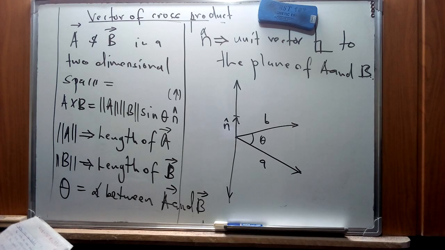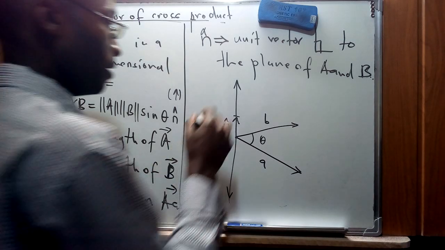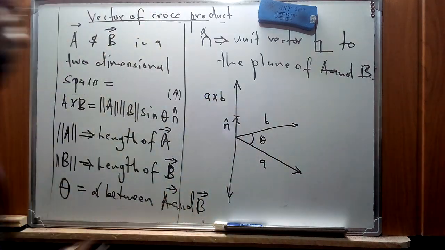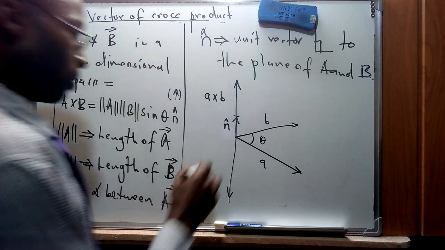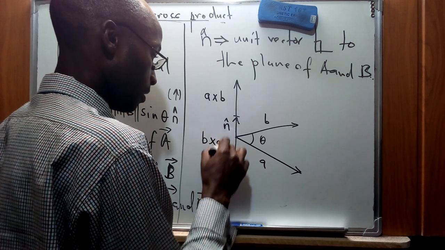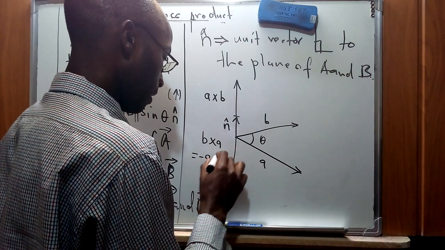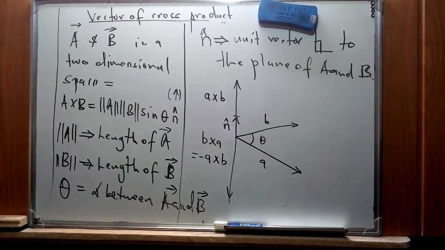So therefore, the cross product of vector a and b in the positive direction is going to be represented as a cross b. But now that I've also indicated the opposite direction, this one can be represented as b cross a, or just being given as negative a cross b. So therefore, basically from this definition, this is how we try to define the concept of those specific vectors.